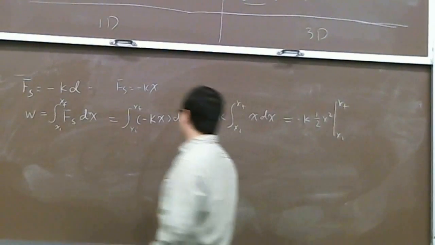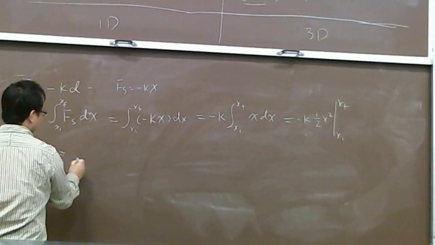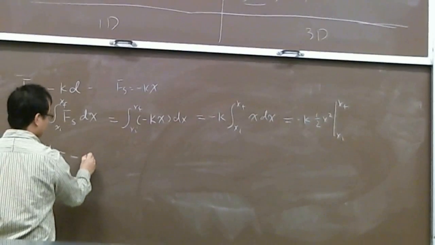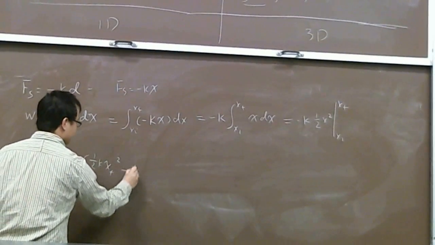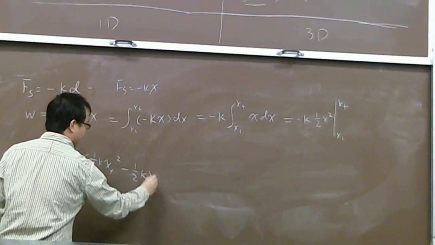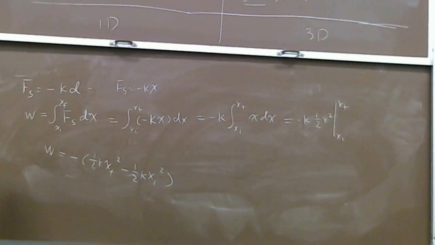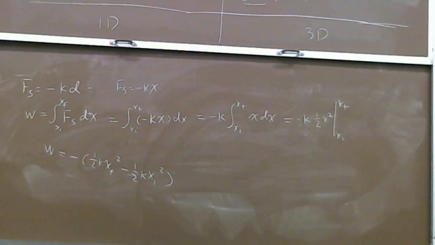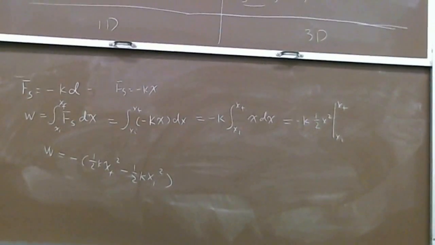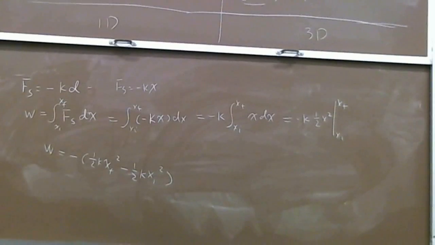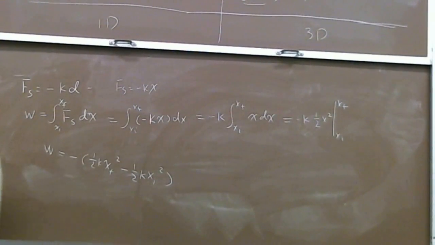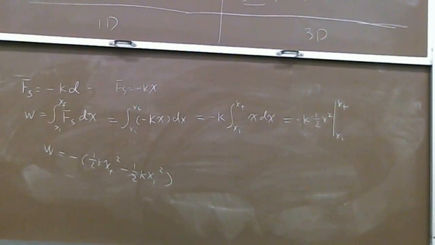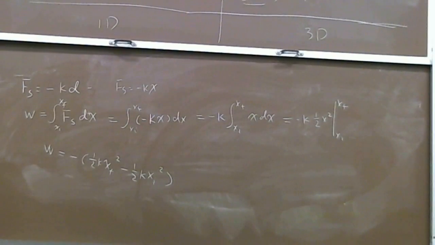So this will give you negative 1/2 k x final squared minus 1/2 k x initial squared. k is constant. k is called the spring constant. It's a quantity to characterize the stiffness of the spring. A hard spring will have a larger k.